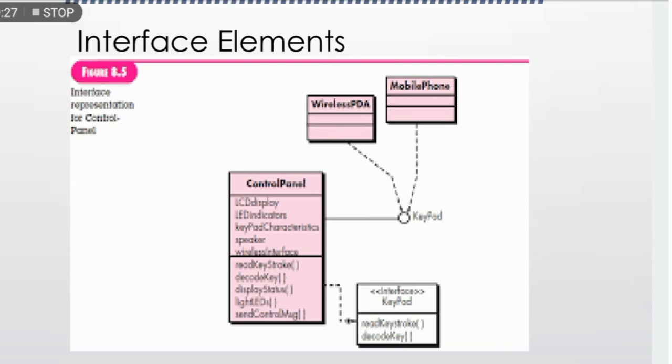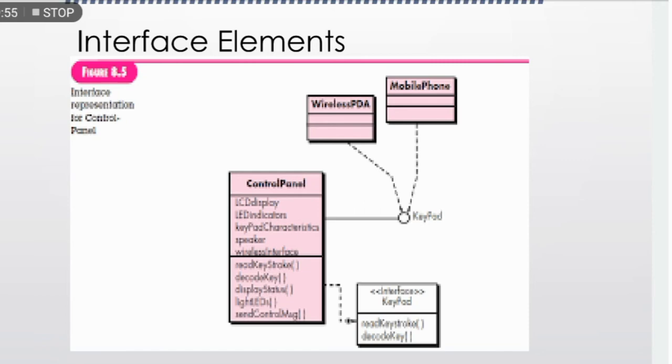Likewise, the control panel class provides the behavior associated with the keypad, and therefore it must implement operations, that is, read keystroke or decode key. If these operations are to be provided to other classes such as your wireless PDA and mobile phones, it is useful to define an interface as shown in your figure, such as the interface keypad.